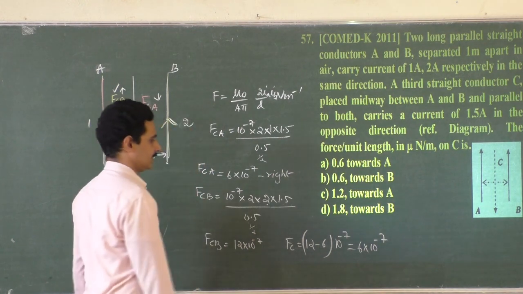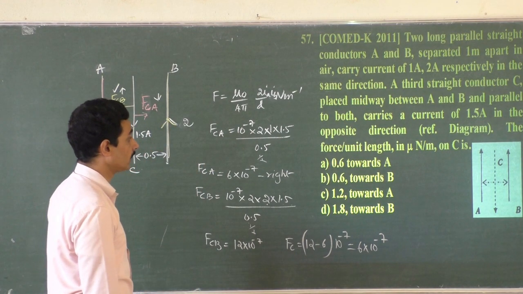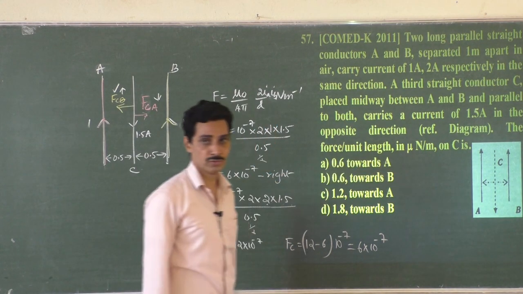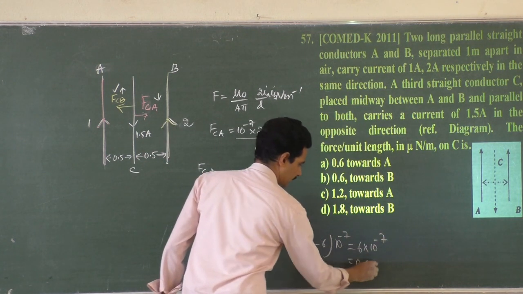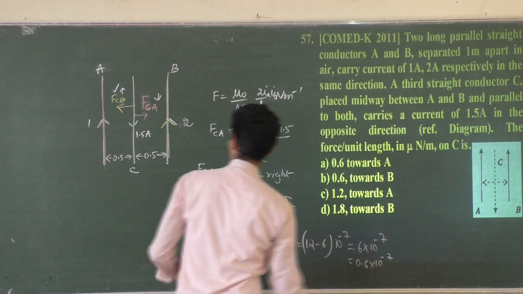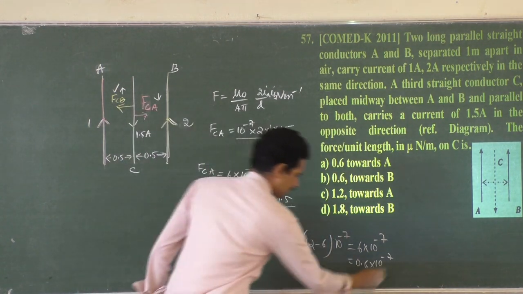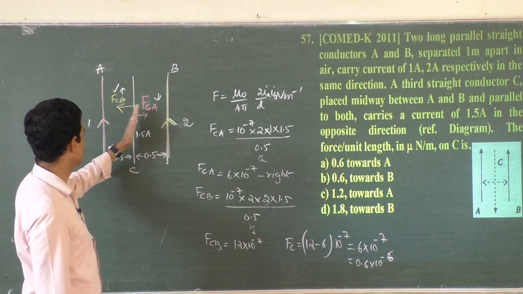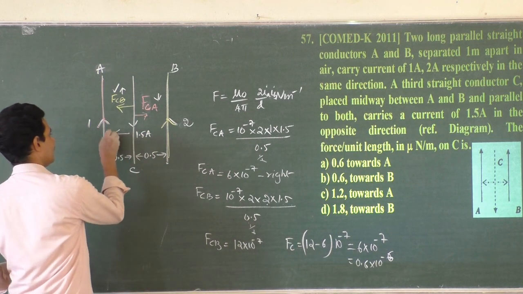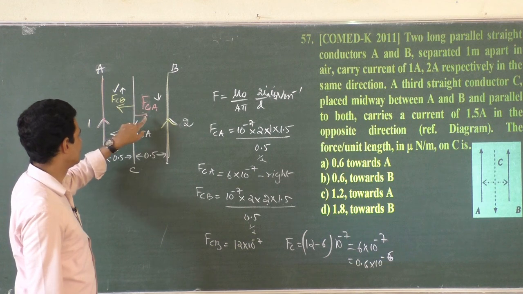So how much is the answer? They have asked you to put it in micro Newton per meter. That is 0.6 into 10 to the power minus 6. And which is stronger? F on C due to B is stronger. So that is the final direction. This is 12, this is 6.